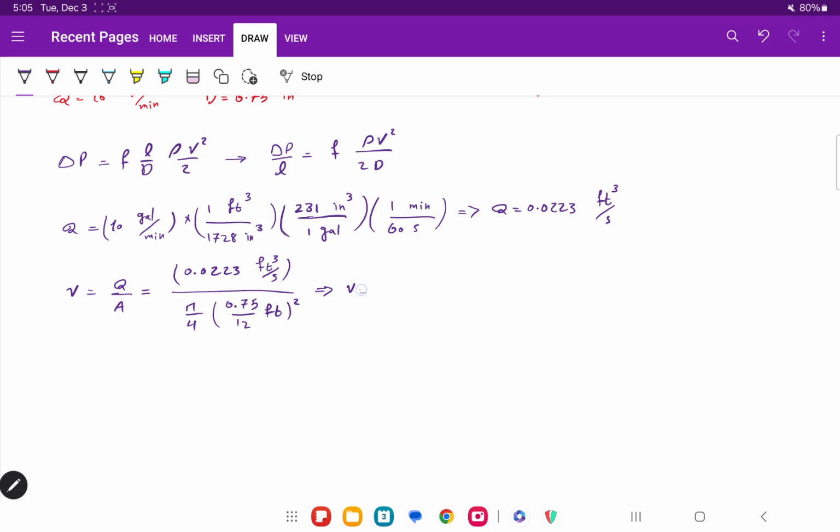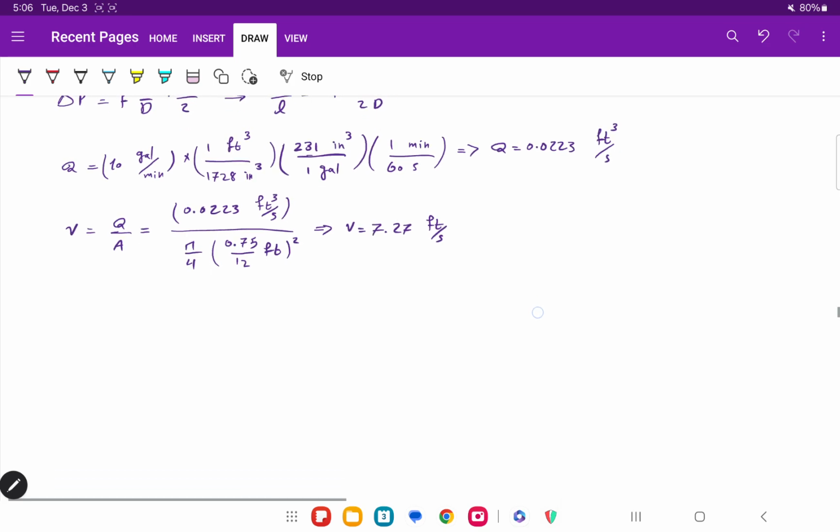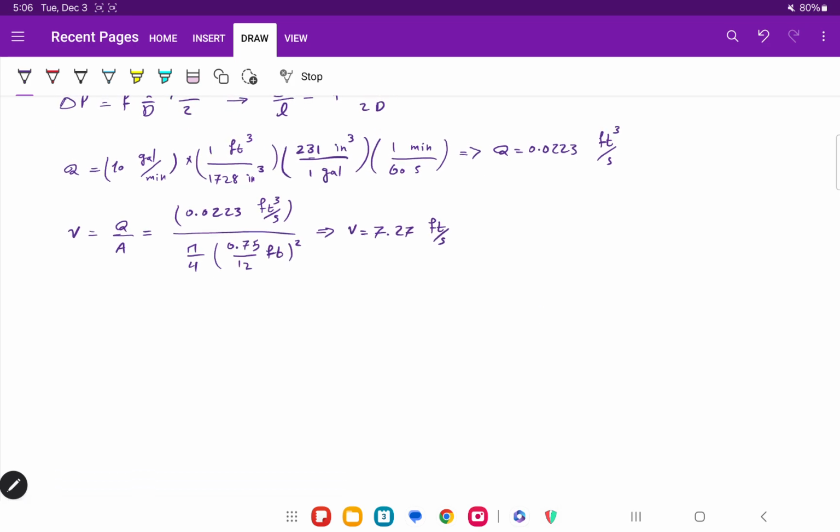So velocity equals 7.27 feet per second. So we have to calculate the Reynolds number to see whether we have turbulent flow or laminar flow. Rho Vd over nu, where velocity is 7.27 feet per second.